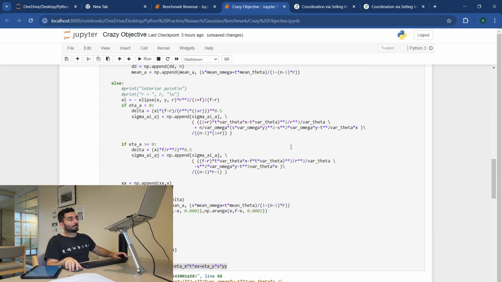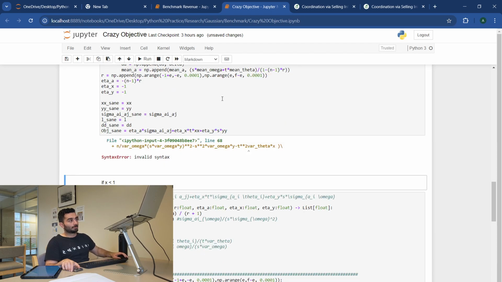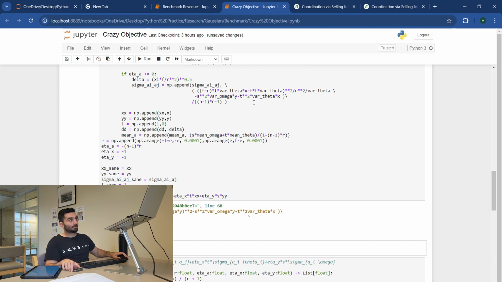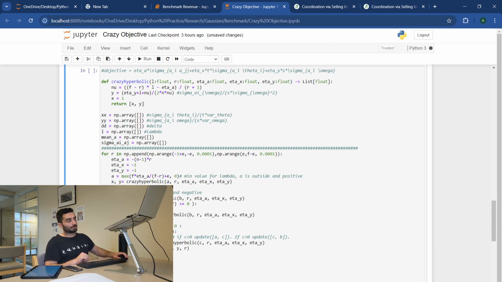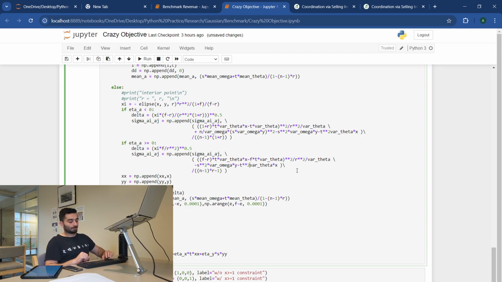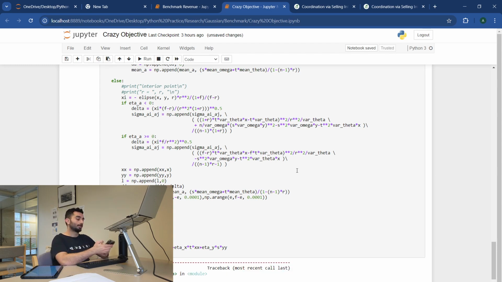Where is it? What? This one is fixed. But the problem is here too. What?